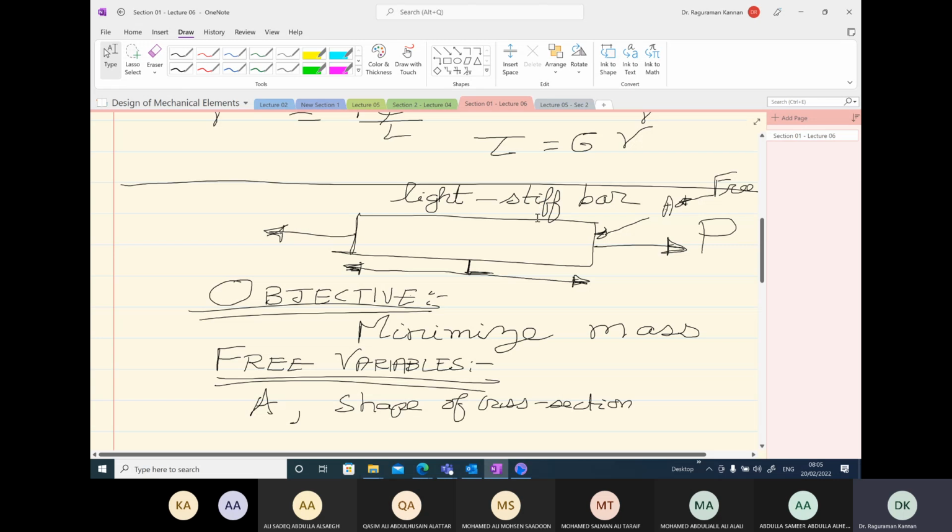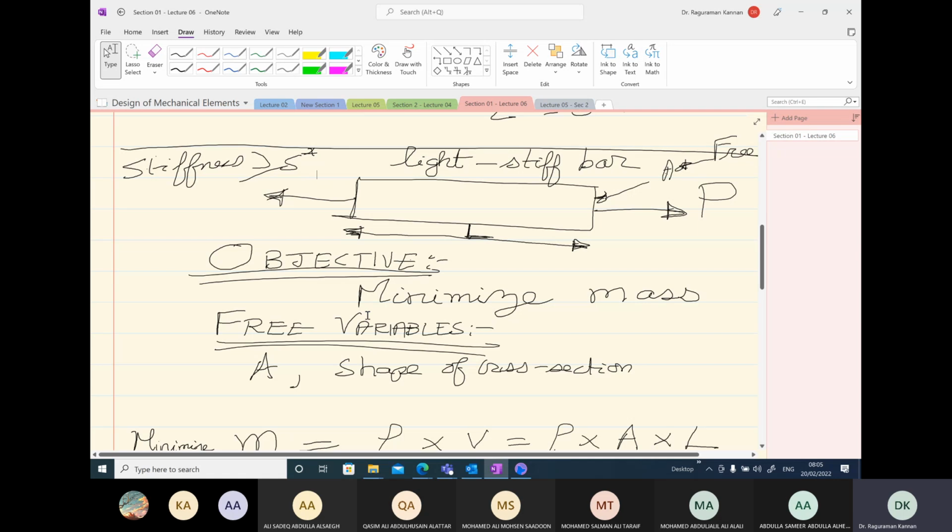Maybe we were also given what the stiffness should be, so maybe it was given as greater than or equal to this value. Then based upon this value, we have to figure out what the material index is.